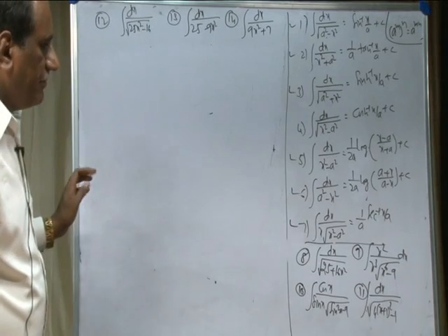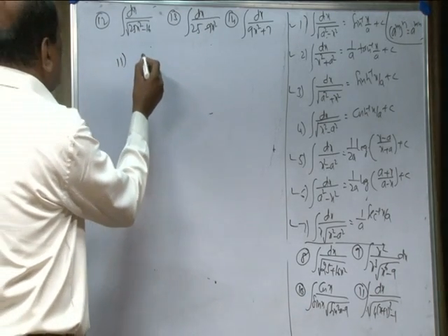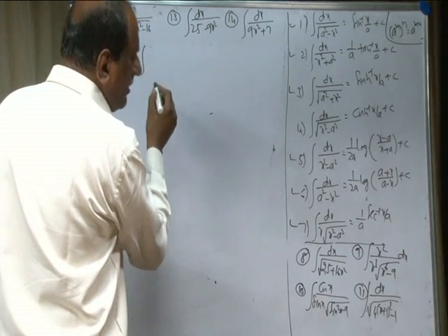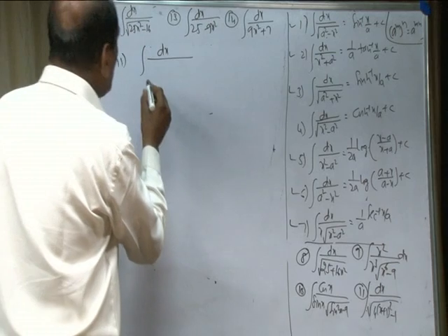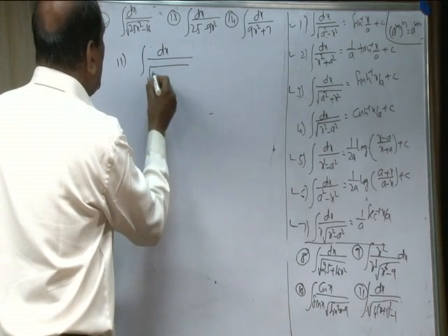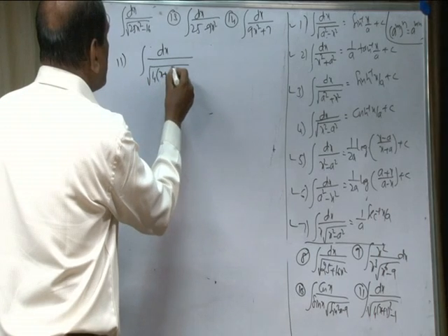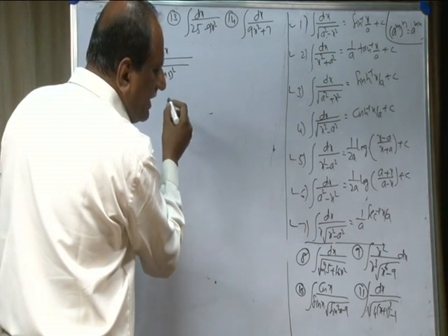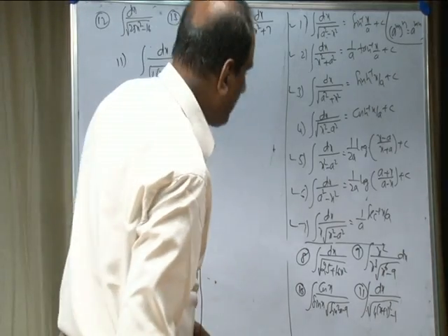Next problem, the 11th problem: integration of dx divided by root of 4 into x plus 1 whole square minus 1, where 1 can be written as 1 square.